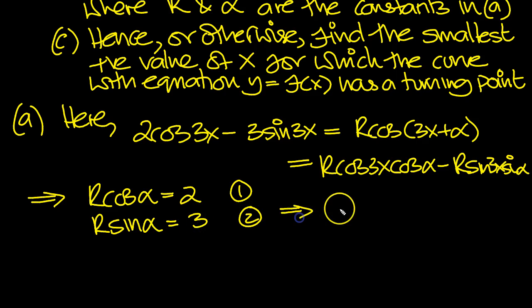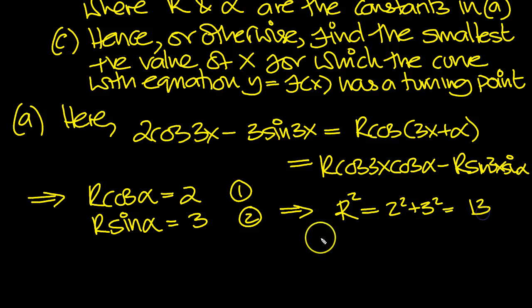If we square both of these, we get r squared cos squared plus r squared sine squared. Taking the r squared outside the bracket, we get cos squared plus sine squared, which is 1, so r squared is 2 squared plus 3 squared. 9 plus 4 is 13, so r is equal to, because it's a positive number, the square root of 13.